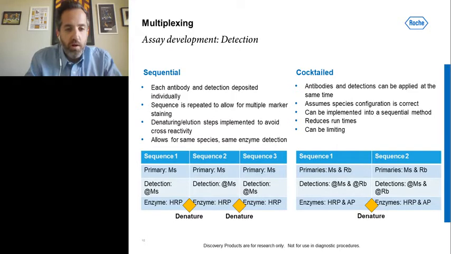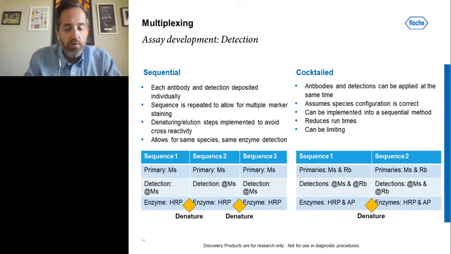As I mentioned as well, we offer either sequential or cocktailed multiplexing options. With the sequential method, we apply each antibody and detection individually, and then we move on to the next sequence. In between each of these sequences, we perform a denaturing or elution step, which avoids any cross-reactivity by breaking down the initial antibodies which may have been applied.